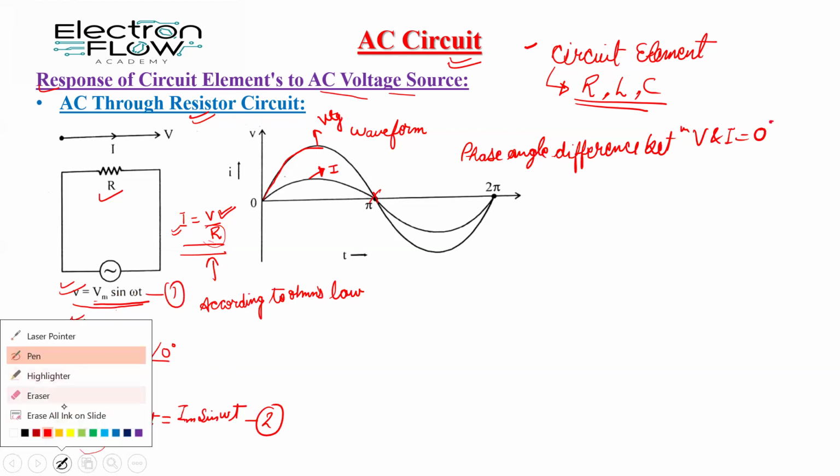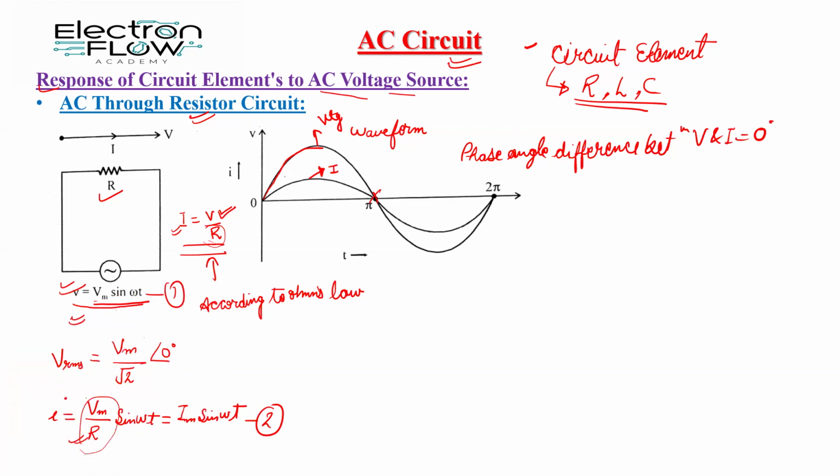Okay, so next, Im here is the maximum value of the current. So the phasor of the current, if I write this value in the terms of phasor, will be Im by root 2 at an angle of 0 degree, because here the value of angle is 0 degree.